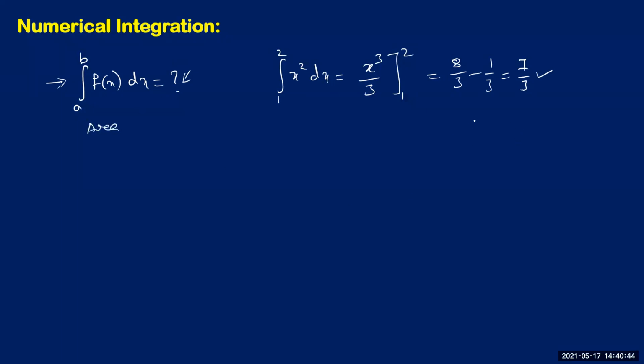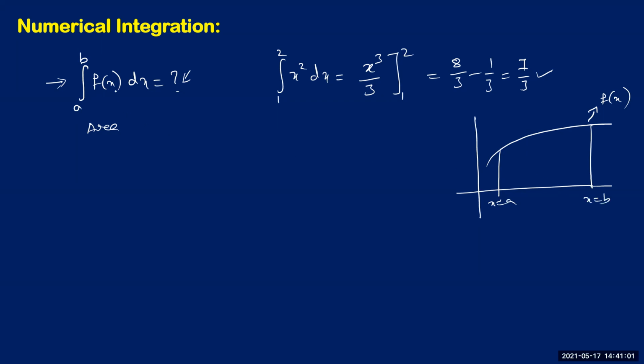Right? For example, if you draw the diagram, let us say this is the graph of f of x, and you are integrating this function between two values, a and b. Let us say this is the line x equals a, and this is the line x equals b.